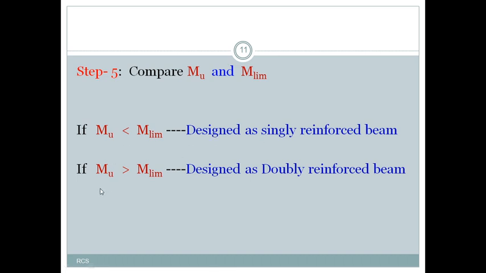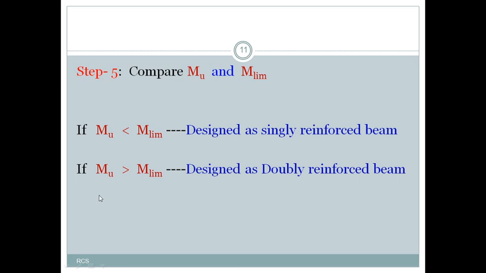If Mu is greater than Mu limit, your applied bending moment is greater than the limiting moment of resistance, then we have to enhance our limiting moment of resistance by providing reinforcement in the compression zone. So we are providing reinforcement in the compression zone as well as the tension zone. So we can call that beam a doubly reinforced beam, and we have to design it as a doubly reinforced beam.